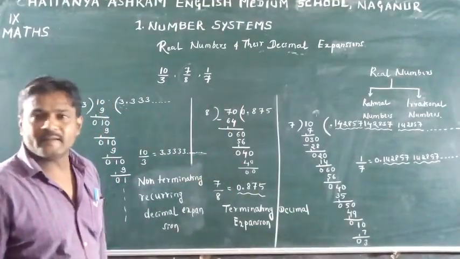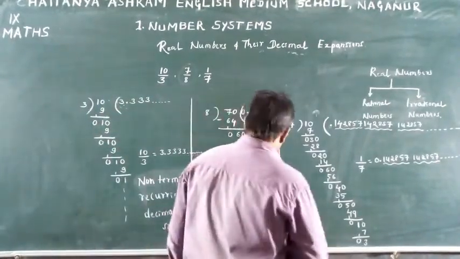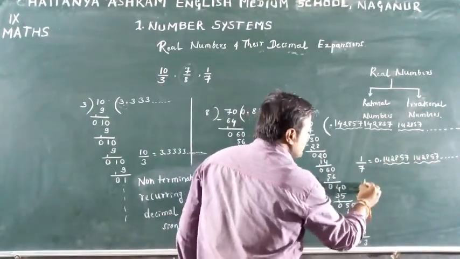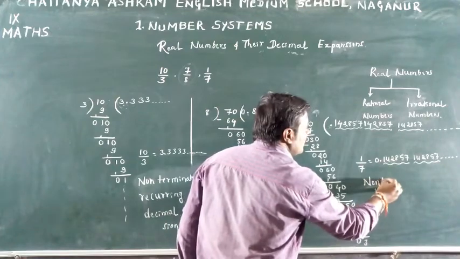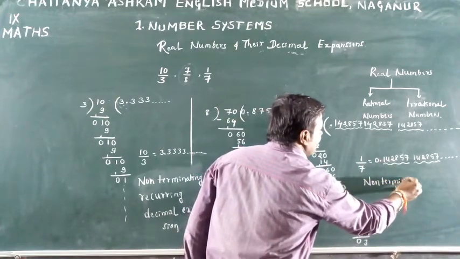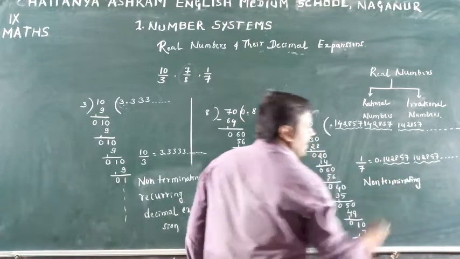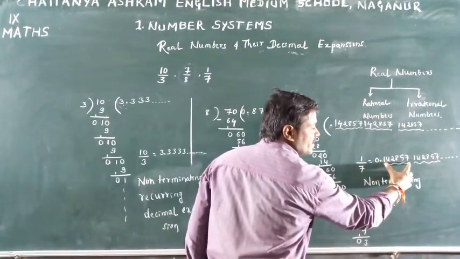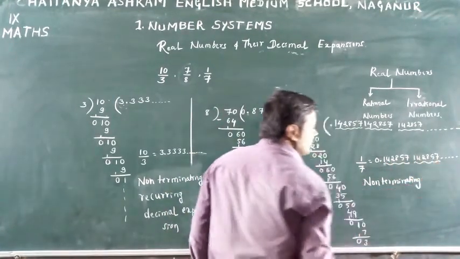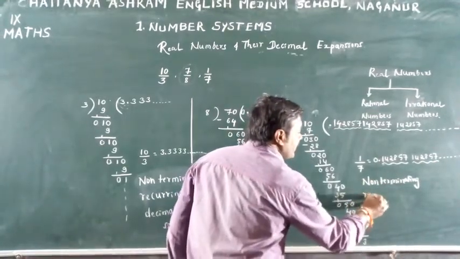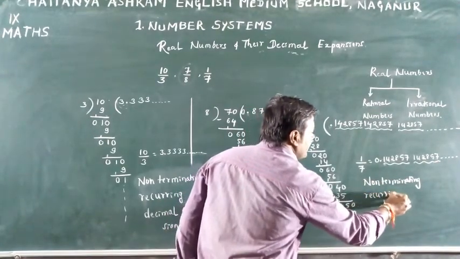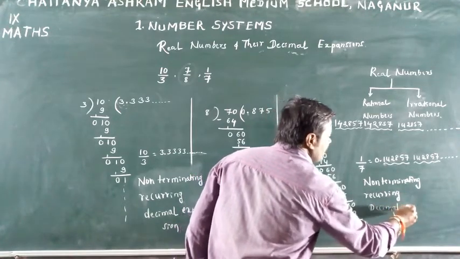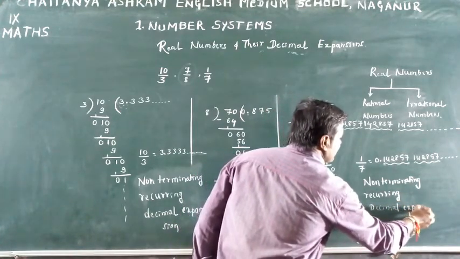Such kind of decimal expansion is called non-terminating, and this string of digits starts repeating now. Non-terminating, recurring decimal expansion.